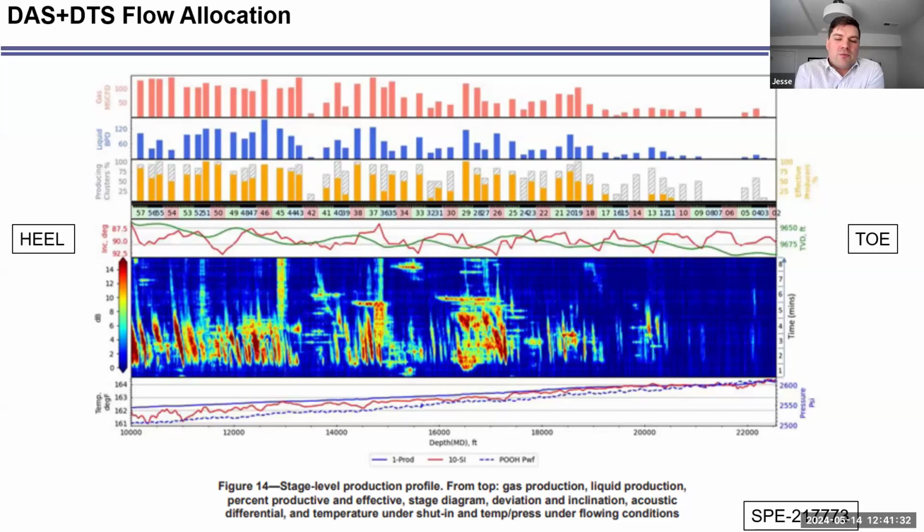So here we're seeing that heel bias, so they're actually getting fairly high production coming from the brownfield area. And then there are some spikes of production that you see in the middle here on 14,000, around 17,000 feet.